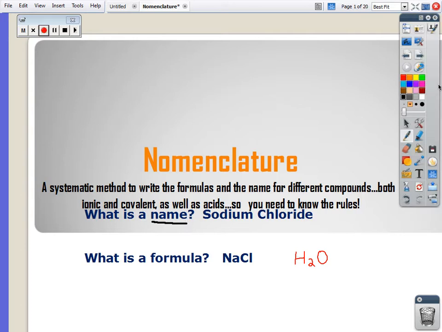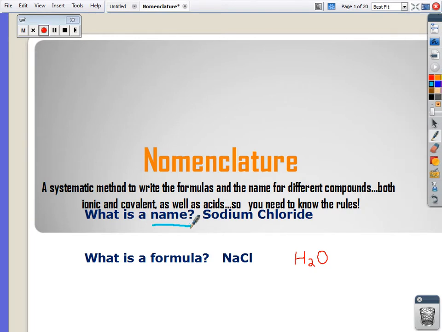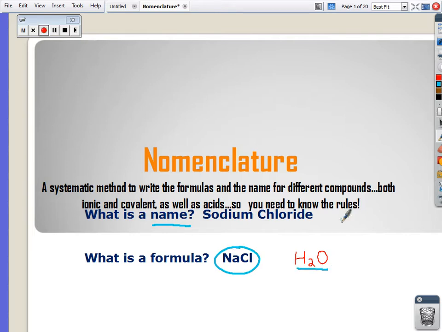If you look at nomenclature, or a name, you already know sodium chloride, and you know the formula for sodium chloride, that's NaCl. So what is a name? A name is simply that, like sodium chloride. Or what's the name for this formula? You say water, and I also say it can be called dihydrogen monoxide, but we'll talk about that later.